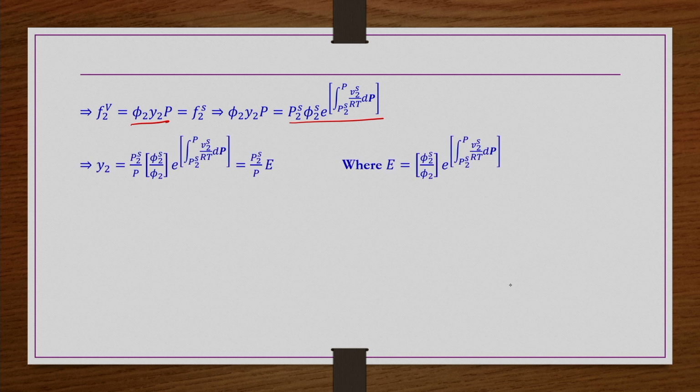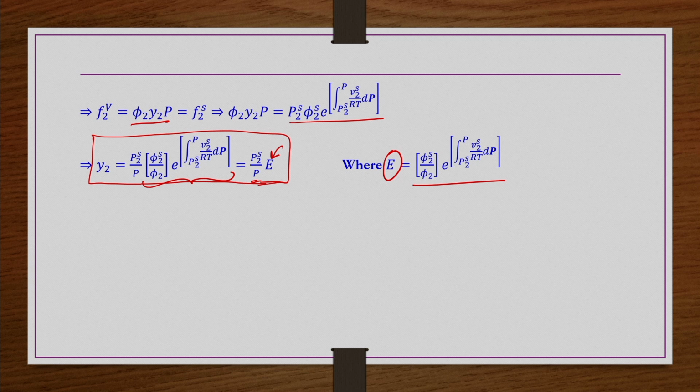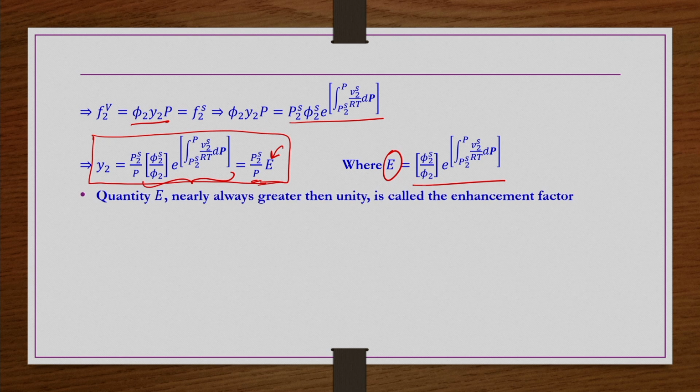So from here what we can have, y2 is equal to P2S by P, phi2S by phi2, exponential of the integral of V2S by RT dP, whereas here we write it in such a way that P2S by P we write as one term, and then the remaining everything we write as E, that is phi2S by phi2 exponential integral V2S by RT dP, integration from P2S to P. This is known as the enhancement factor. This E we call the enhancement factor, right.